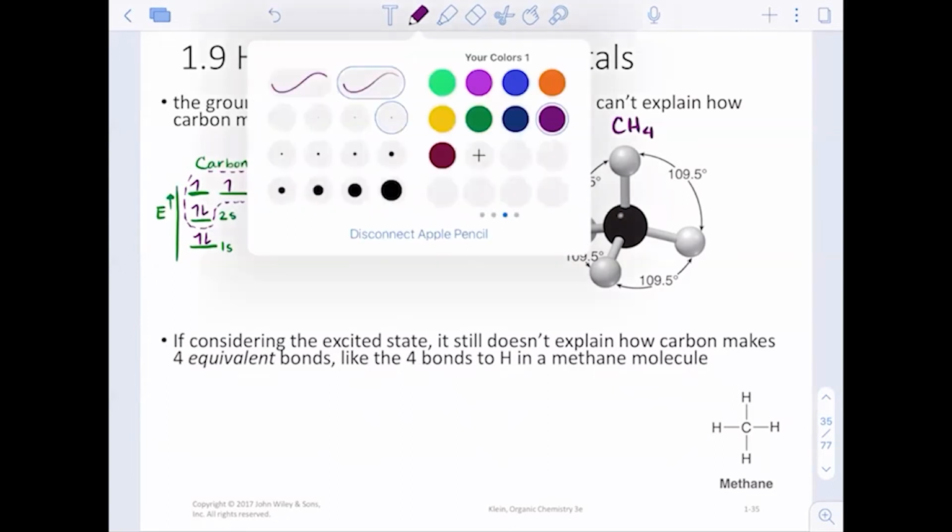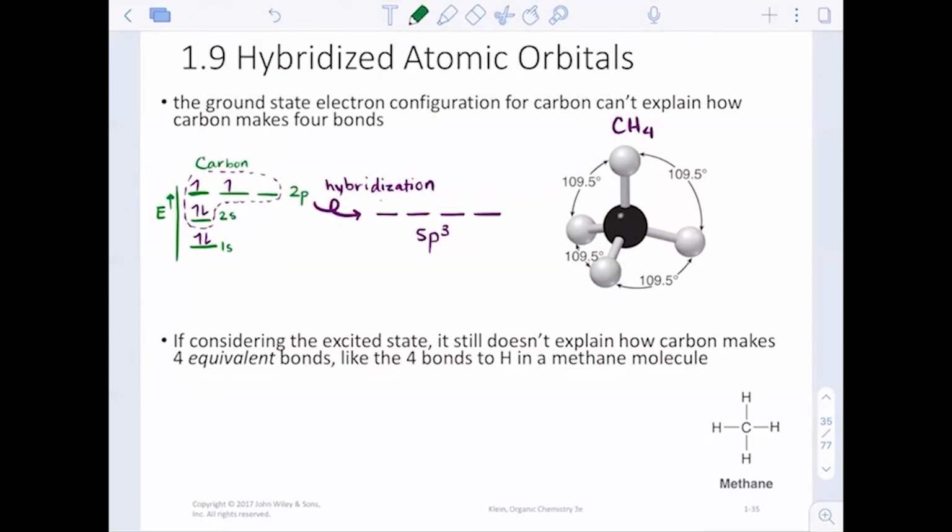Now, what happens to those electrons in the valence for carbon is now they're degenerate. Now they're equal in energy. Now they can all bond the same way. For the carbon atom, only 2 electrons are unpaired, and therefore it really can only share 2 electrons in its ground state electron configuration.